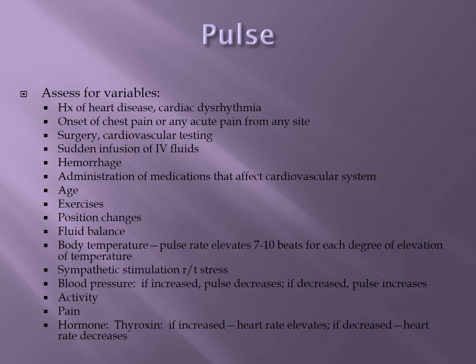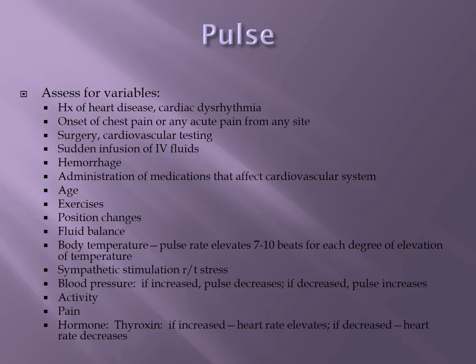In individuals who exercise a lot, their heart rates at rest may run 30 to 40 beats per minute. Now, in anyone else, we would be greatly concerned about that.